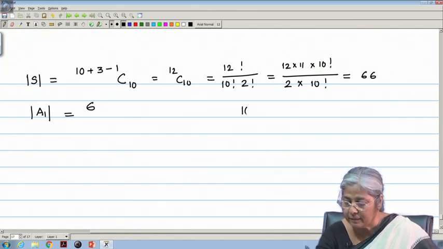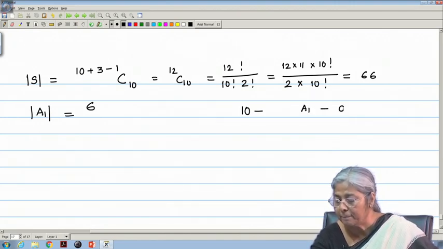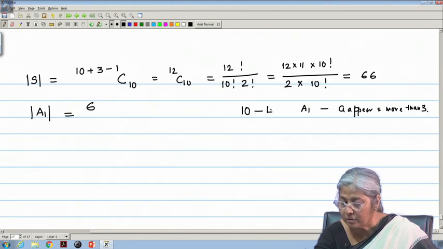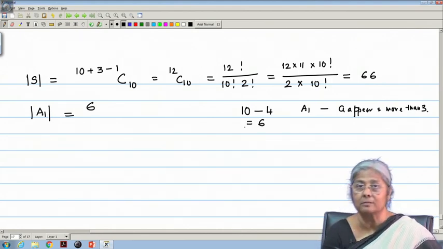So, when I am considering the property of A1, this will be 4, so this becomes 6.